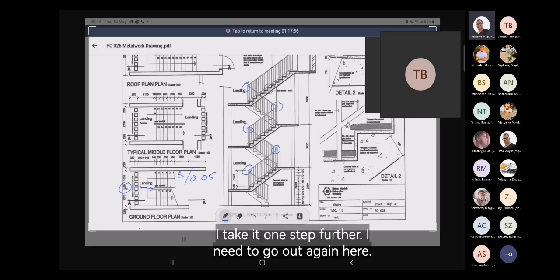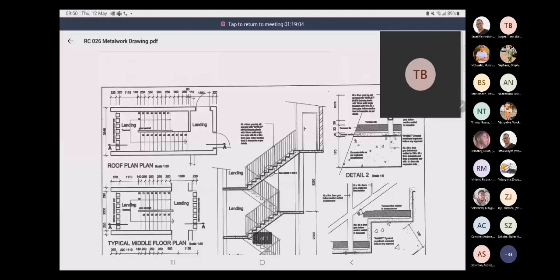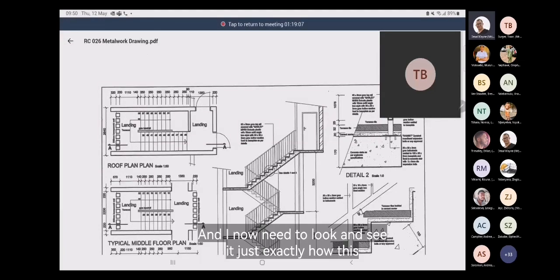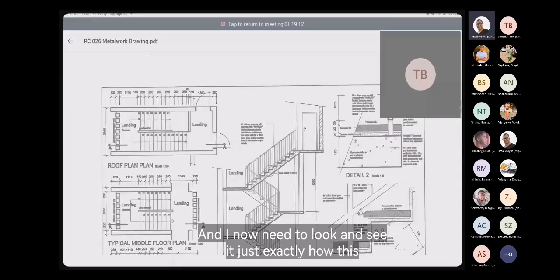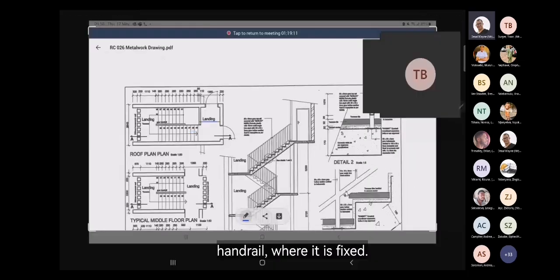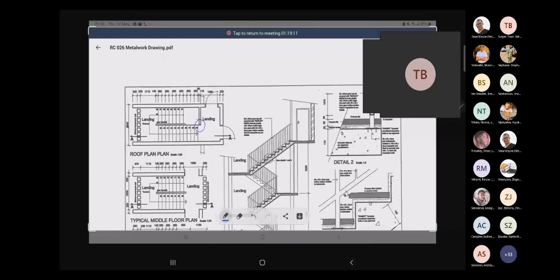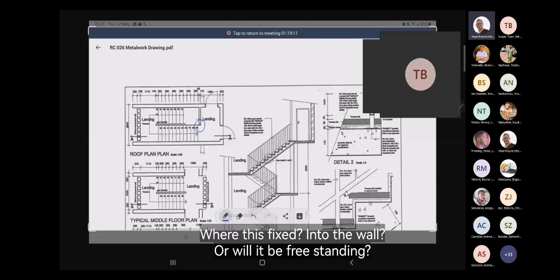I take it one step further. I need to go out again here. And I now need to look and see just exactly how this handrail is fixed over there. Will it be fixed into the wall, or will it be freestanding?